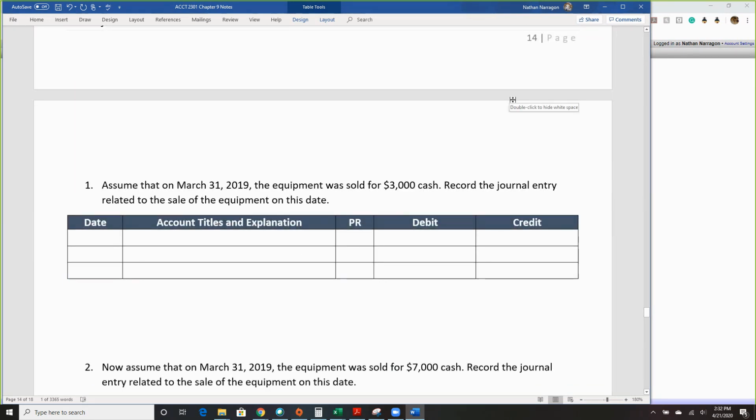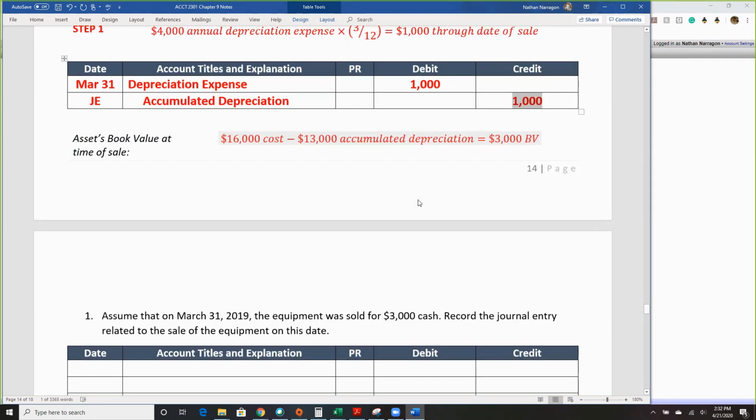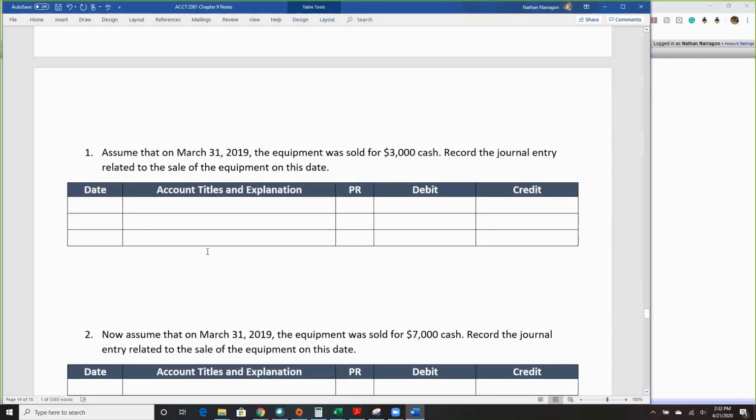So here, we assume that we sold the equipment for $3,000. Well, book value is $3,000. So that already tells me I did not sell it for a gain or a loss. I just broke even.